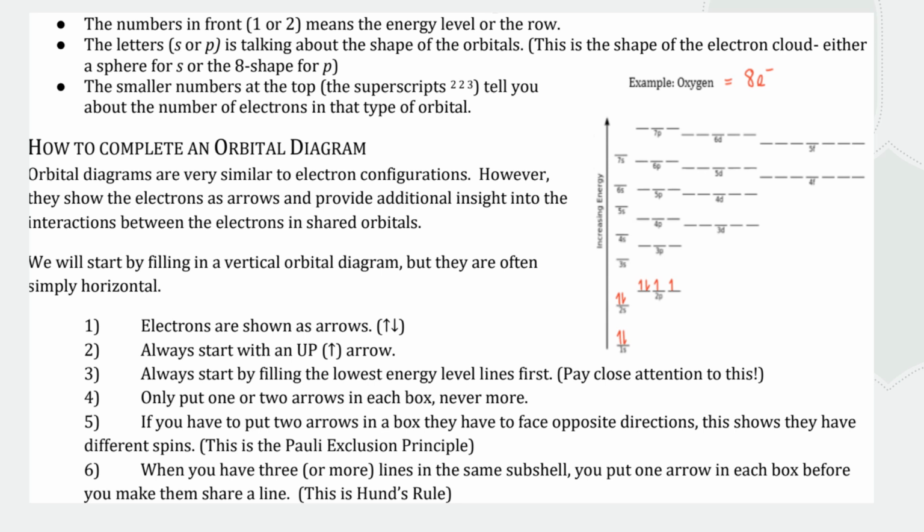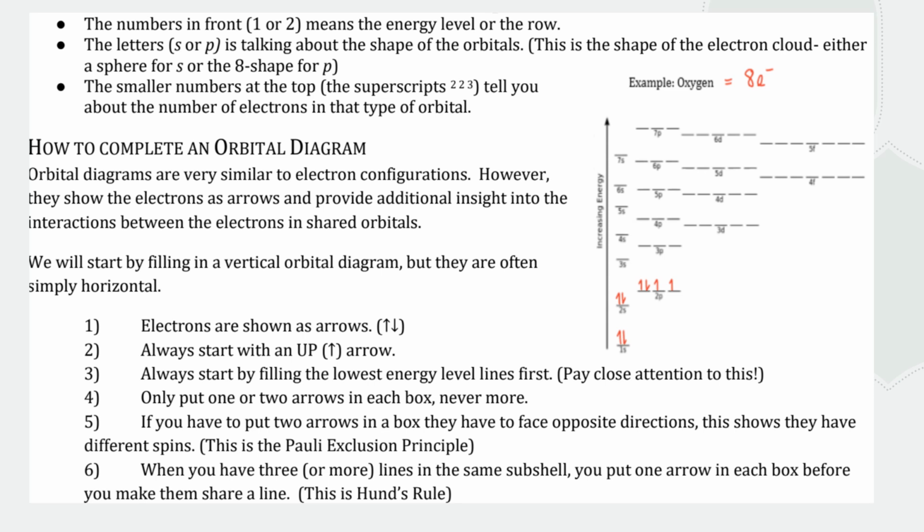If you're filling up an energy level diagram, you start from the bottom and work your way up, showing electrons as arrows. Start off with the up arrow, and the one next to it will be a downward arrow. Remember you're starting from the bottom, that's the Aufbau principle.